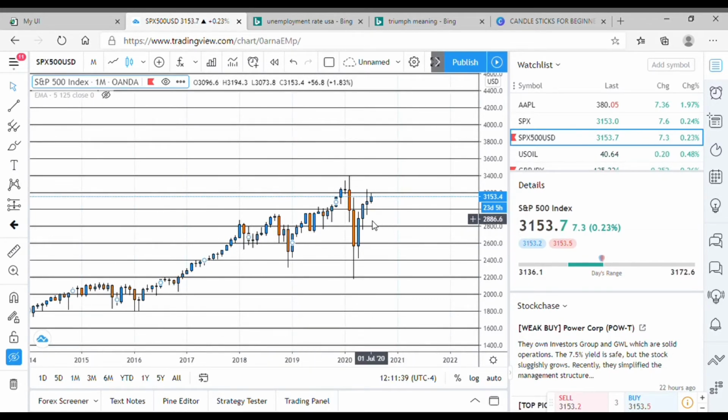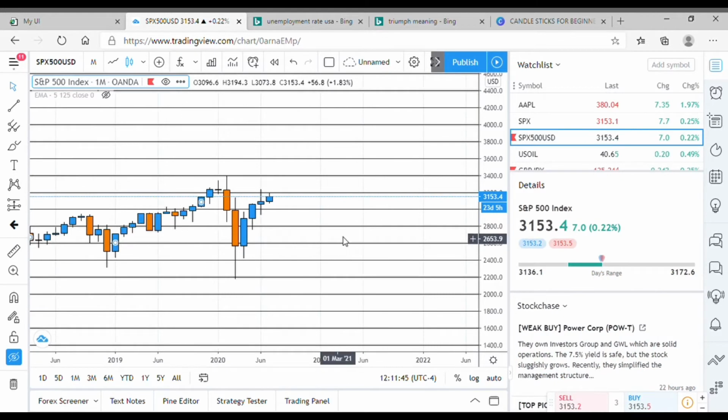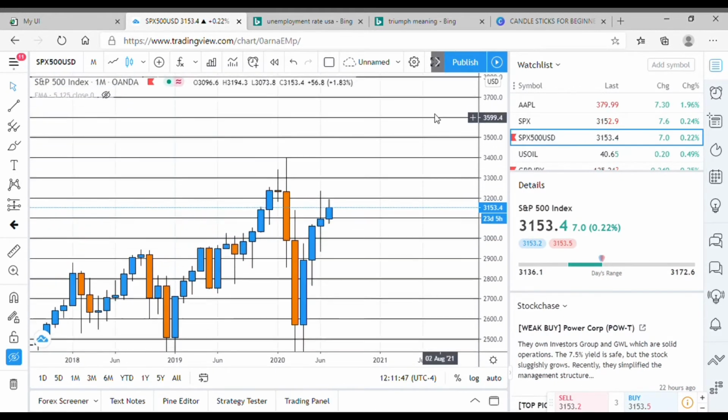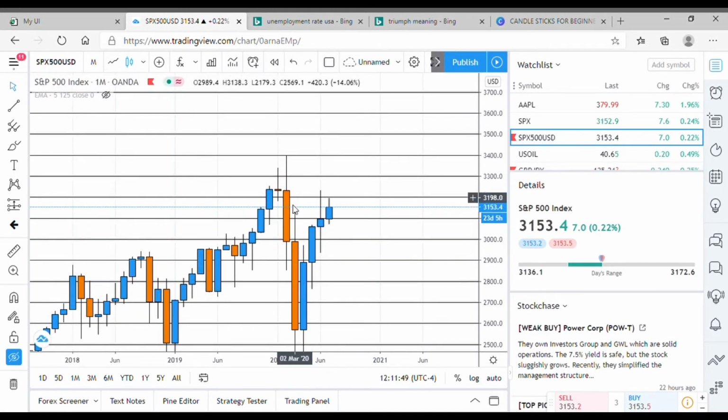Once you start reading these charts, it'll start making sense. But on the larger time frames, the moves look a lot smaller, only because the range is bigger. The spread is way bigger on the monthly time frame.